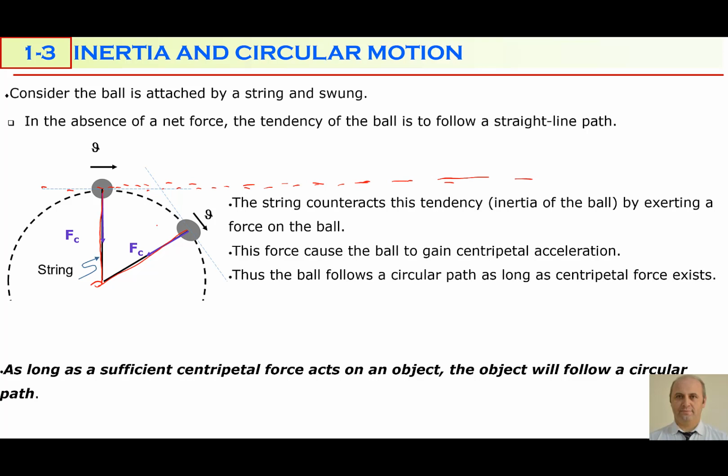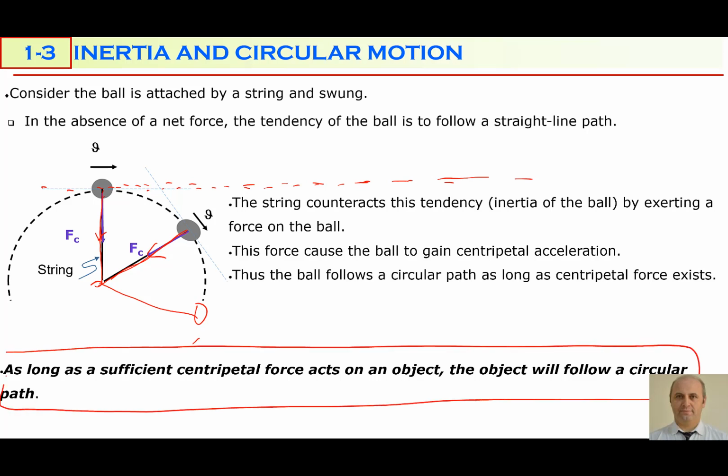So as long as a sufficient centripetal force acts on it, this ball will continue moving on the circular path. This is the key idea: as long as a great enough centripetal force acts on an object, it will move on a circular path.